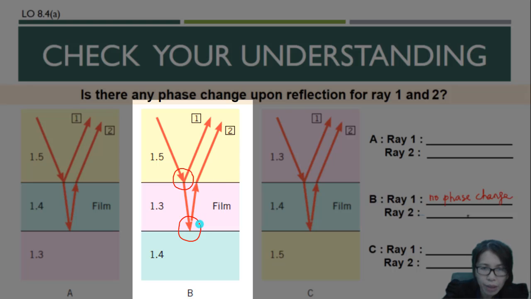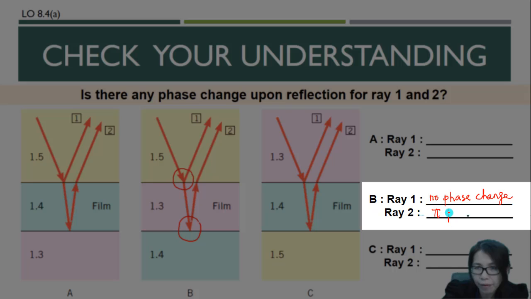So if you notice, ray 2 is being reflected here. Okay, so ray 2 is reflected from 1.4, a denser medium compared to 1.3, the less dense medium. So ray 2 is reflected from a denser medium, so there will be pi phase change for ray 2.